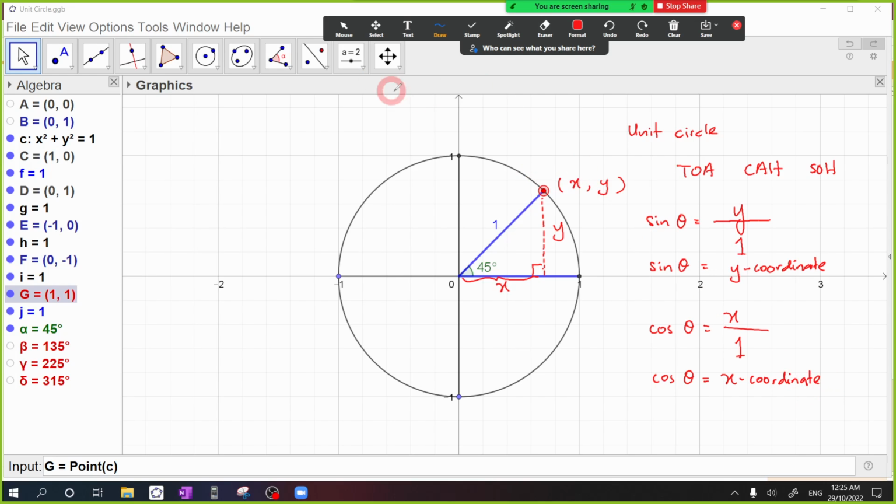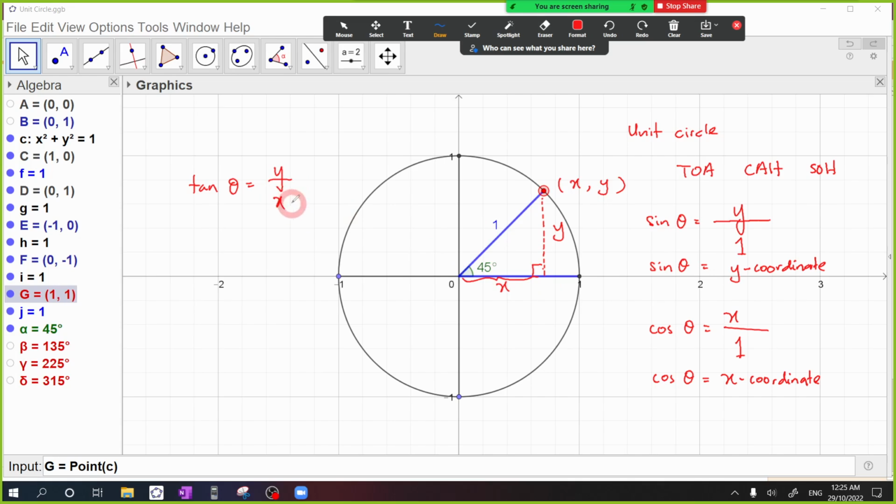Okay, now let's learn the last one, which is tangent theta. Let me write over here. Tangent theta is equal to opposite side divided by adjacent side. Theta is over here. This is the opposite side. This is the adjacent side.